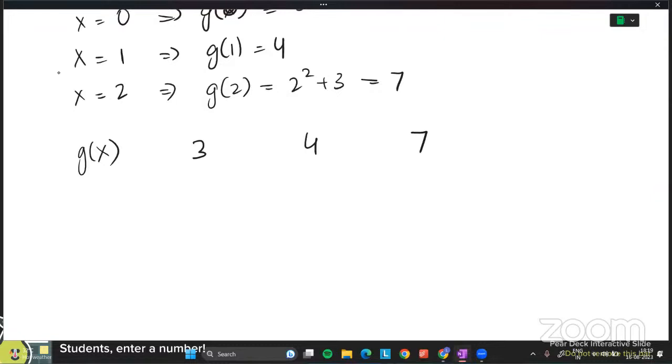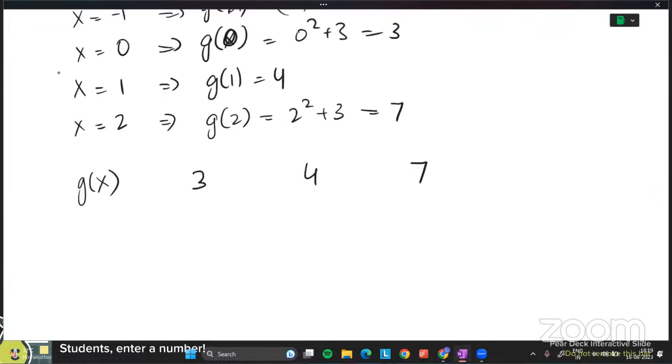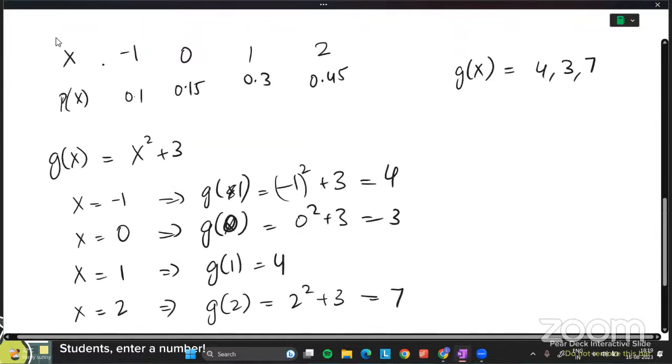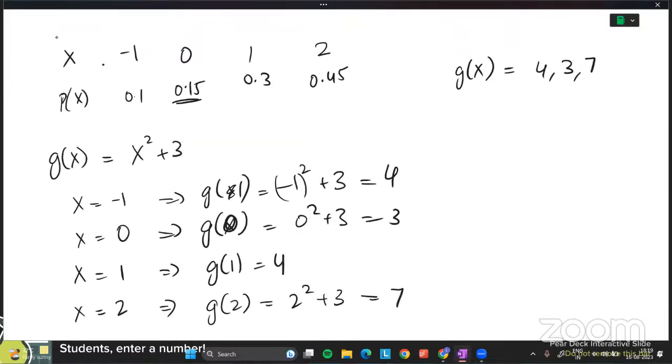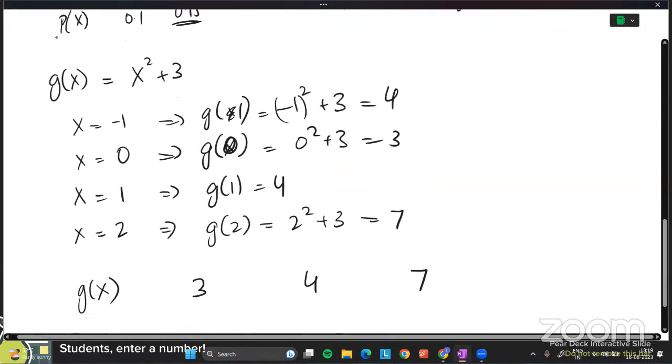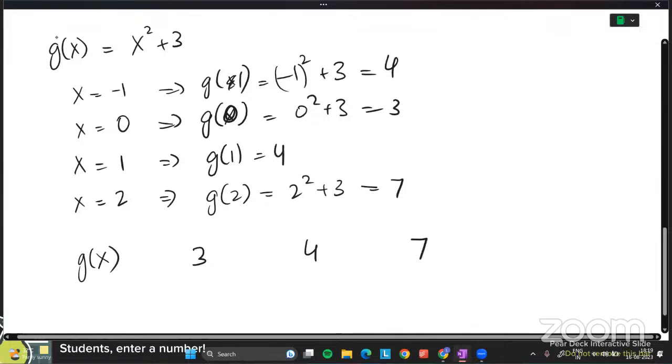If g of x is 3, then x will be taking the value 0. x has the probability 0.15, so the probability of g of x being 3 will also be 0.15.